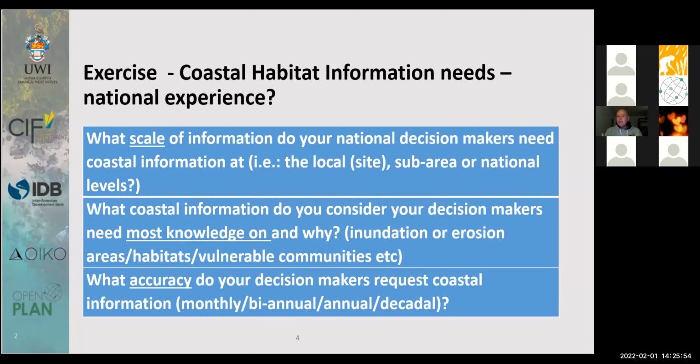I'll be coming back to these sorts of questions over the next 3 days, but I think it's good for you to digest these and try and determine from your own country's perspective what is actually important. So if you are a decision maker, what is the scale of information that is important to you? Do you need that at local level? Do you need that at administrative regional levels?